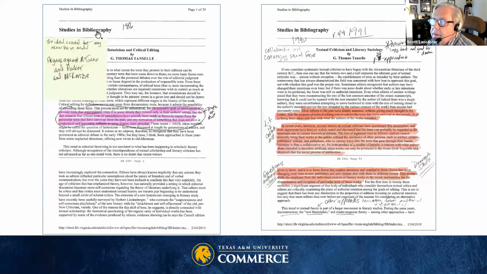And you can see this is where I put the year, especially because, like I said, there were so many articles by this one man. I put the year up here so I could know in what order these ideas were being published. I put a Post-it note that connects it to these other writers, especially McGann and McKenzie, who were important figures. And so I could see Tansel is arguing against ideas that they had, and again, I just highlighted and took notes.